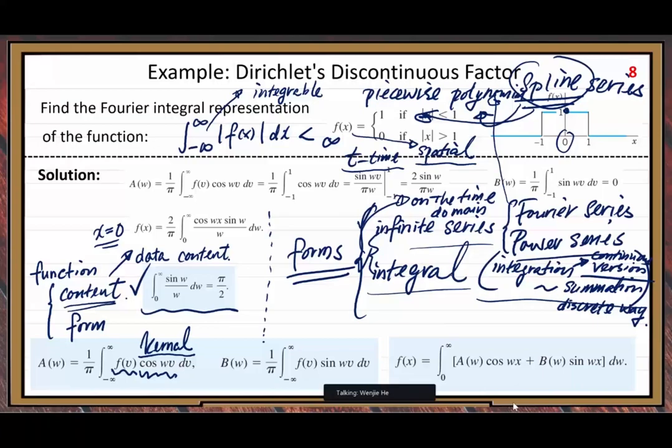Then there is another special type of function representation on a different domain. All right. That's by the transform. We represent function through transforms.